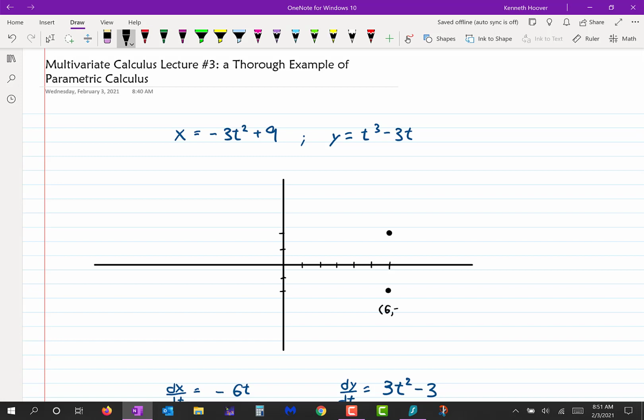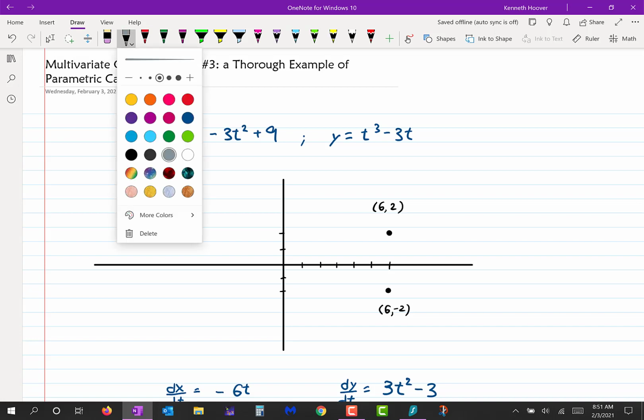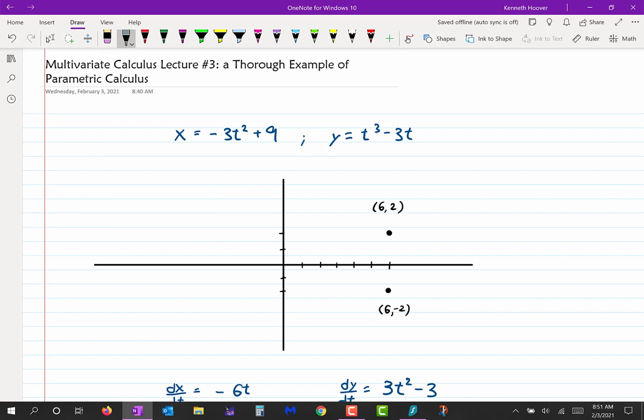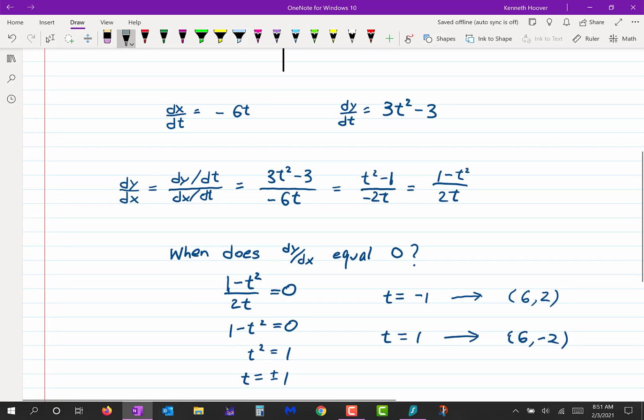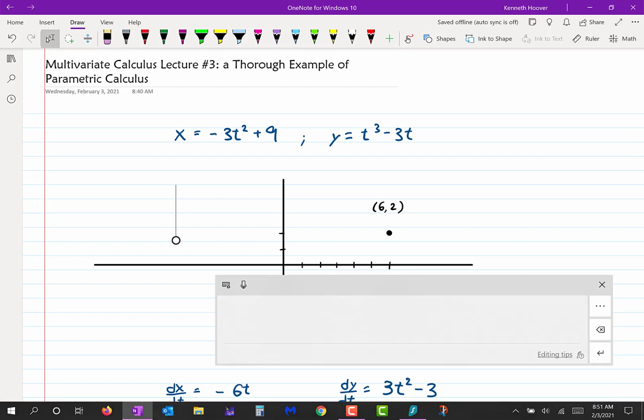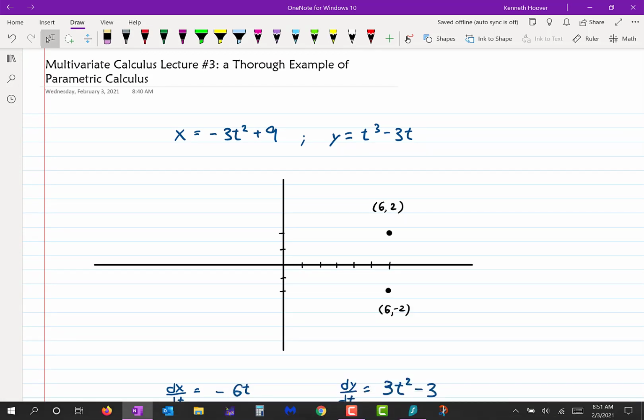And I know that the graph is horizontal at those 2 points because the derivative is 0. And let's write in gray the values of t that produced those. I forgot which one's which. Let's see. The top one is when t equals negative 1. And the bottom one was when t equals positive 1.